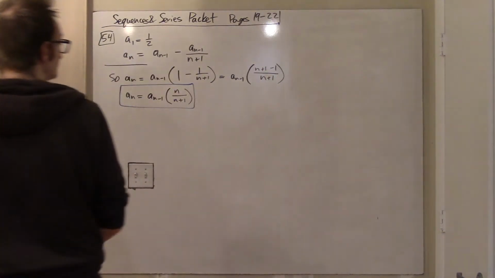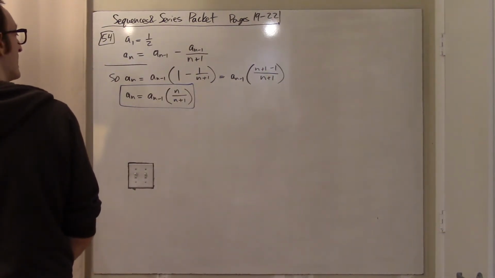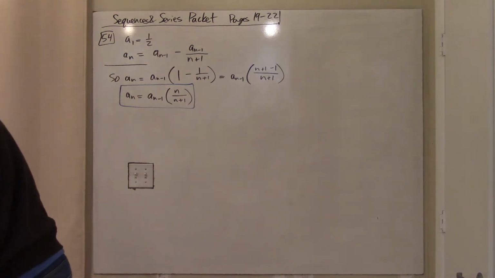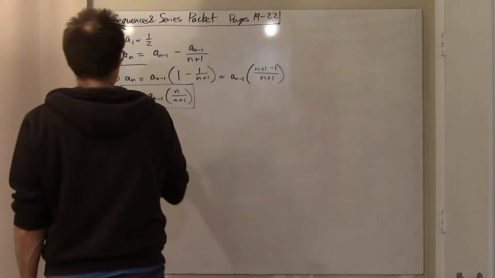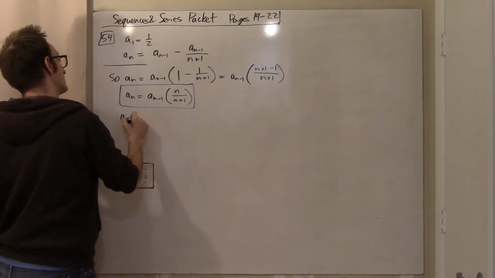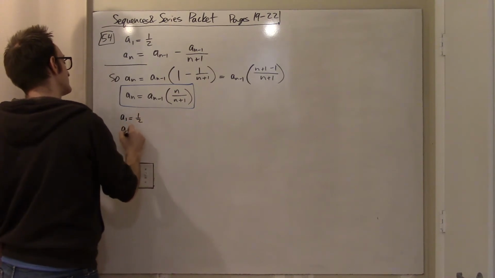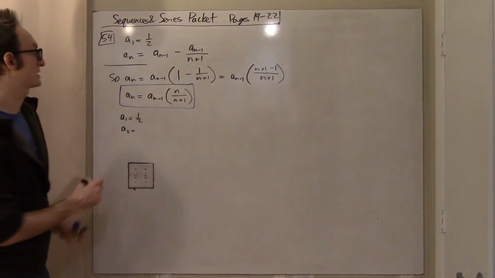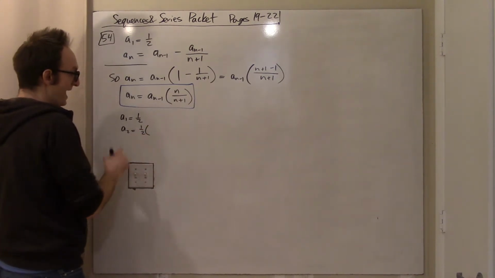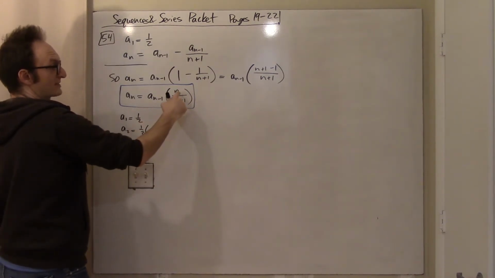Okay, well, we begin with the directions, which are to write out the first few terms of the sequence. That's a little bit vague. So okay, we'll do as many as we need to do to see the pattern. So the first term is a half. What is the second term? Well, it's going to be 1/2 times, n is 2 now, so that's 2 over 3.